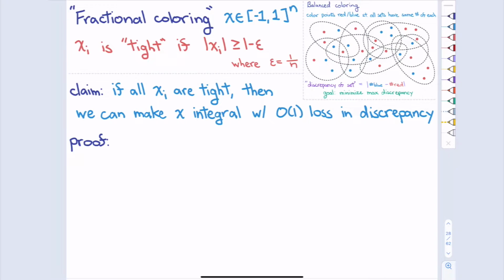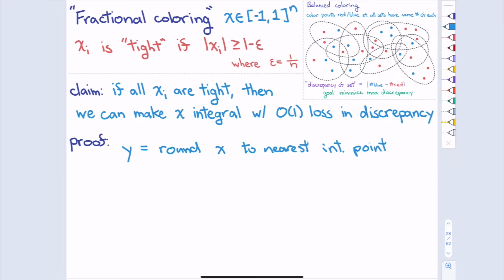Yes, okay, so something's either really close to 1, I'll just make it 1, or it's really close to -1, and I'll make it -1. So let y round x to the nearest integral point.